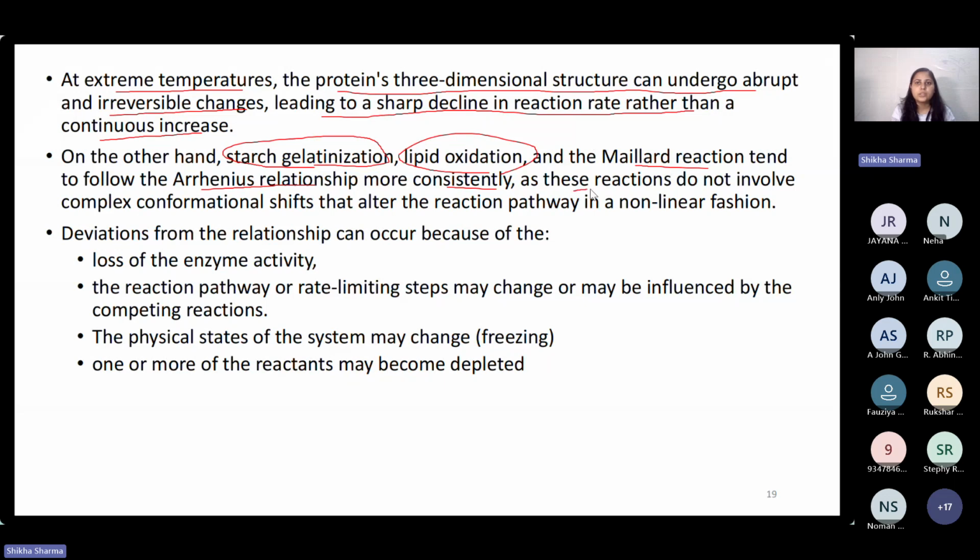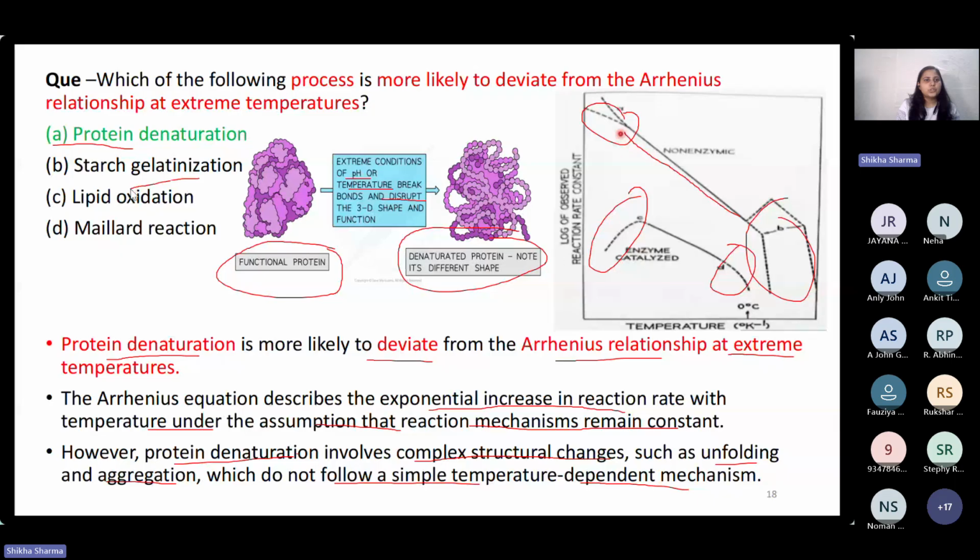These reactions do not involve complex conformational shifts that alter the reaction pathway in a non-linear fashion. So they will not be affected much, whereas protein denaturation will be affected a lot.